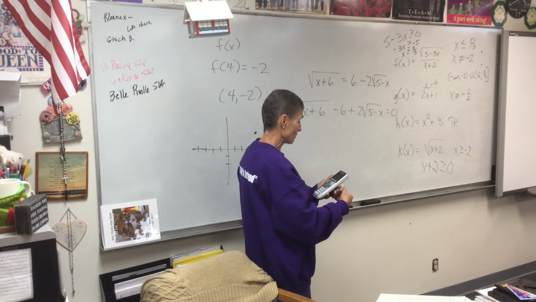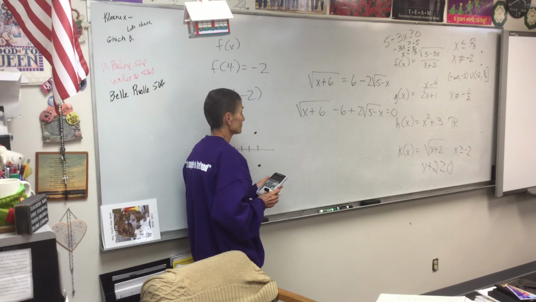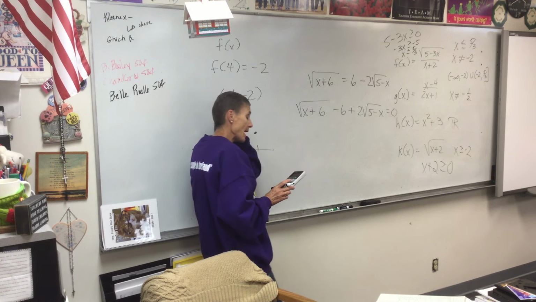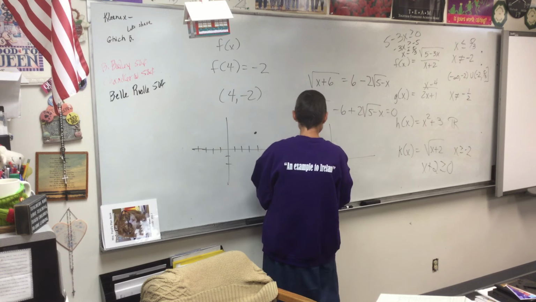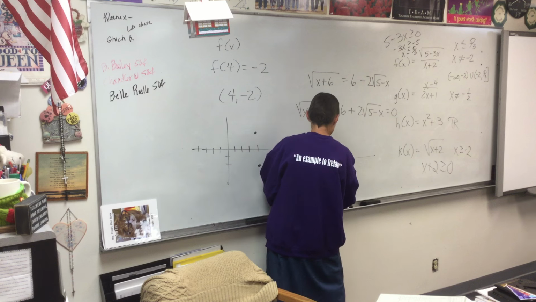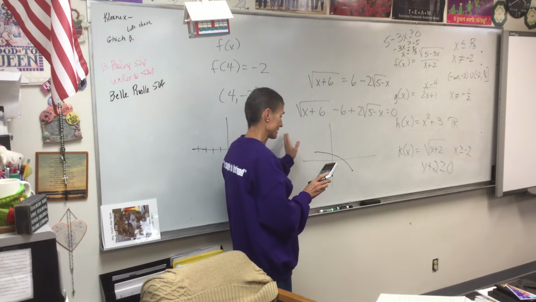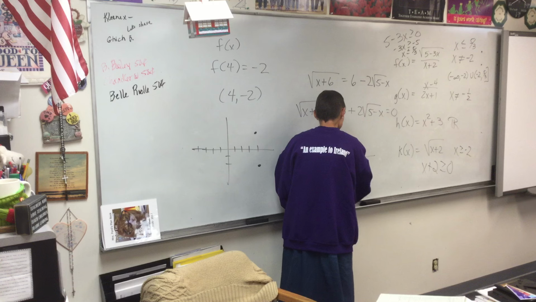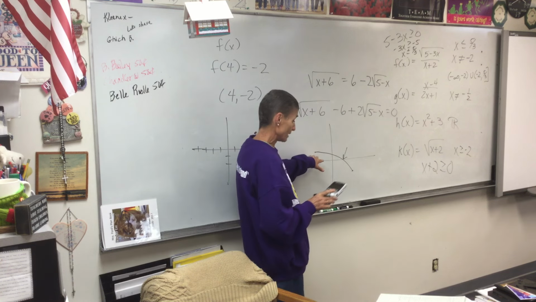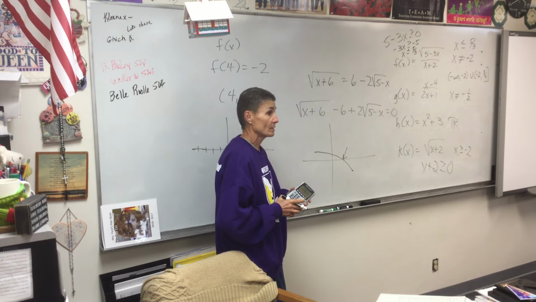I'm just going to graph it and see what happens. I don't know how your window is set, so I don't know what you're seeing. I'm going to show you what I'm seeing. I'm seeing something like a little arc, and it does cross. So this would be the point I'd be looking for. But on my calculator, it has a definite start and stop point.